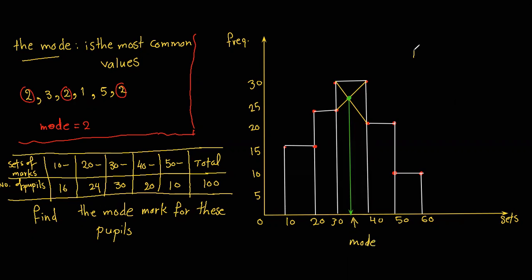So our mode of the marks will be approximately 34 marks, the most common marks that we have. So this is the mode found by drawing a histogram.